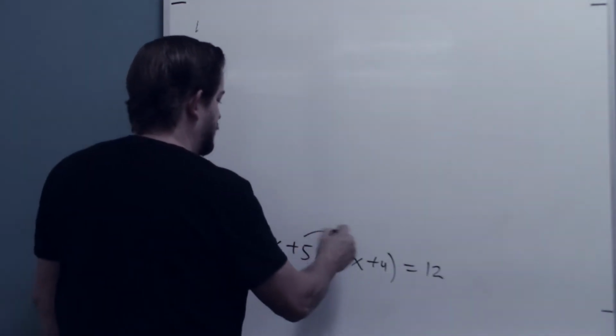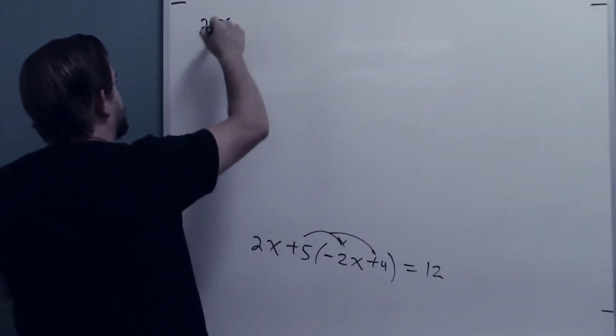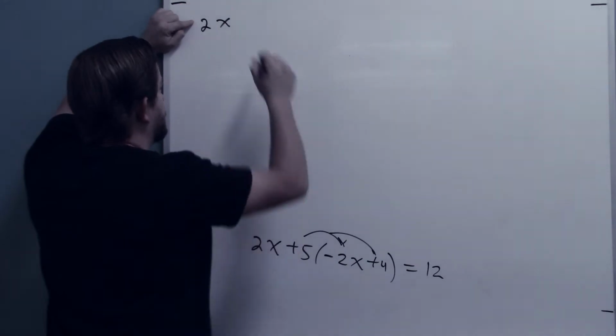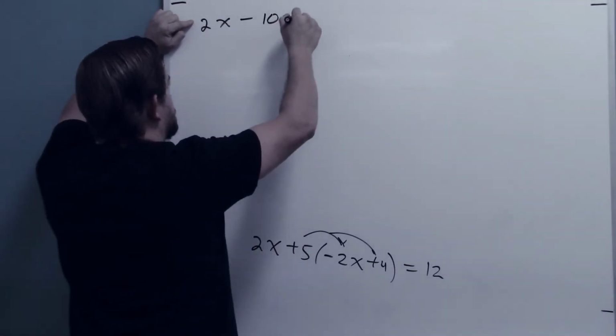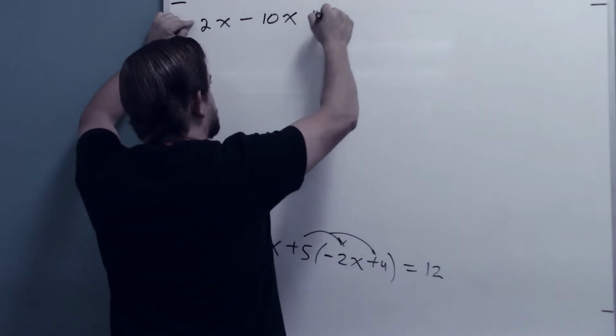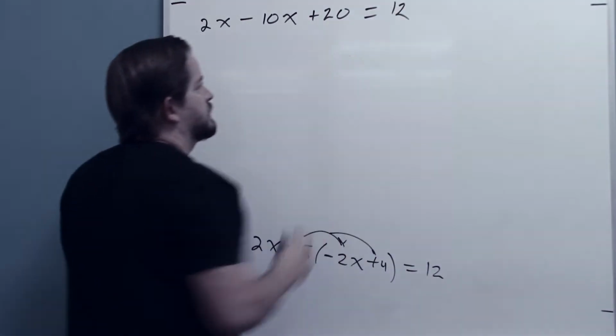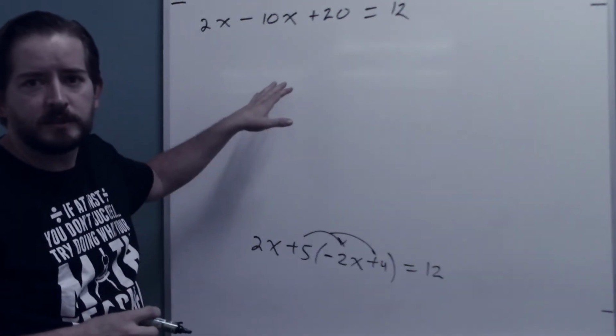Distributing this 5 gives me 2x minus 10x plus 20 equals 12 still. And now it's just an equation in one variable.